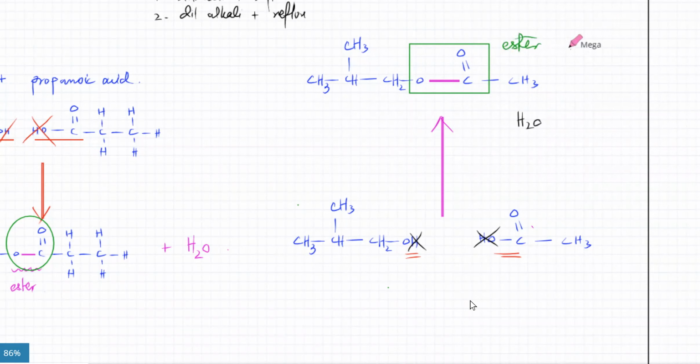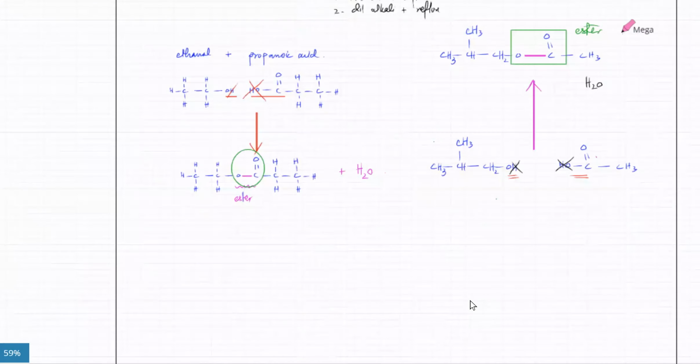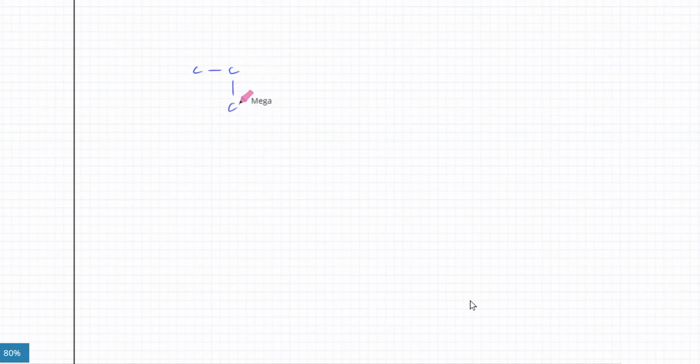Okay, so you'll be asked to draw a lot of these esters. Let's do another one. Okay, take any random alcohol. Alcohol क्या होता है? It's anything that has an OH group.